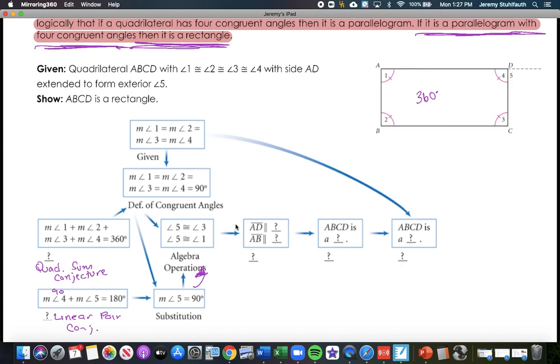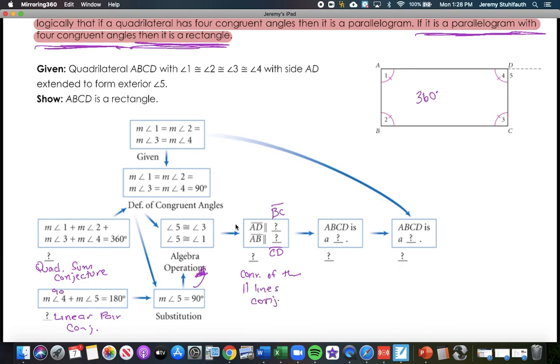Now, what we are doing next is that we can say that these lines are parallel. We know that AD is parallel to BC, and we know that AB is parallel to CD. The reason that we can say that is, again, the converse of the parallel lines conjecture.